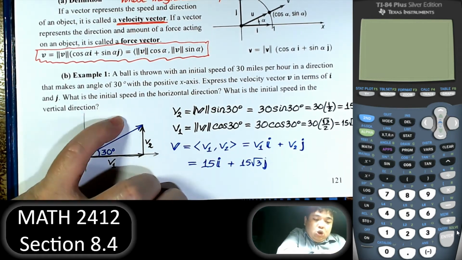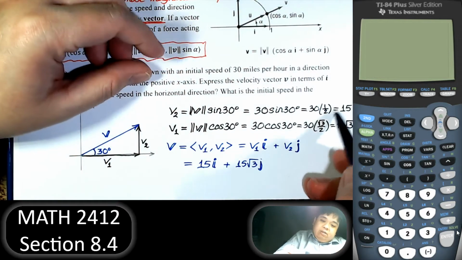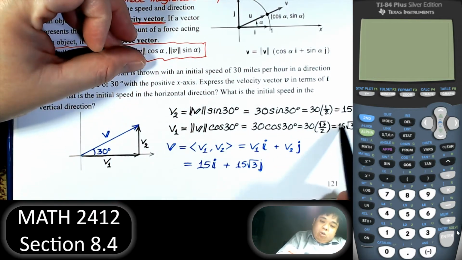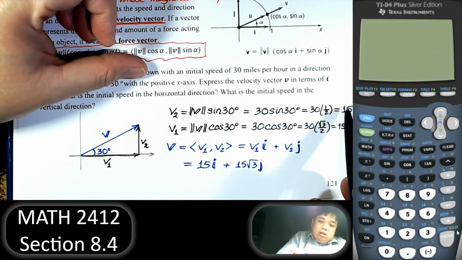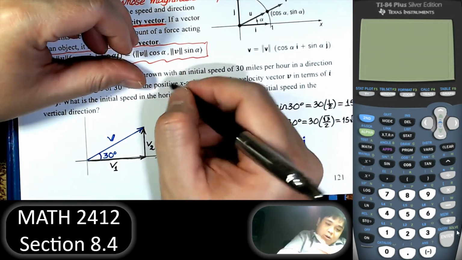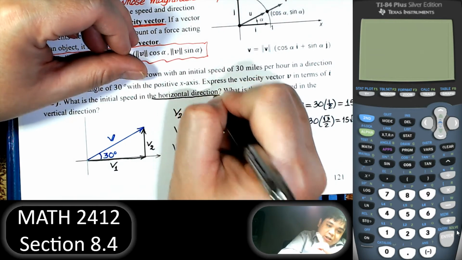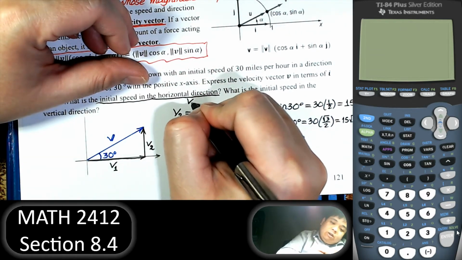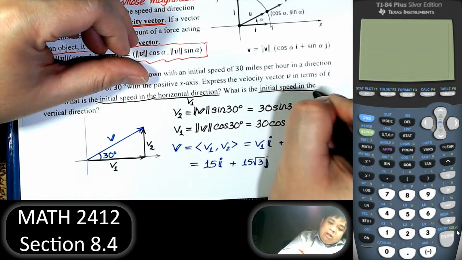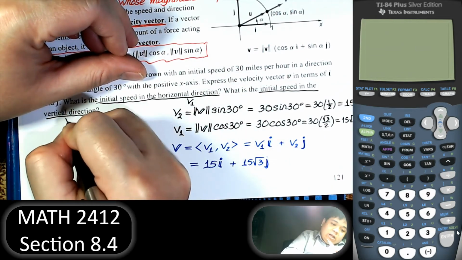Right. Initial speed in the horizontal direction is 15 square root of 3, and the initial speed in the vertical direction is 15. So the horizontal initial speed is v1, and the vertical initial speed is v2.